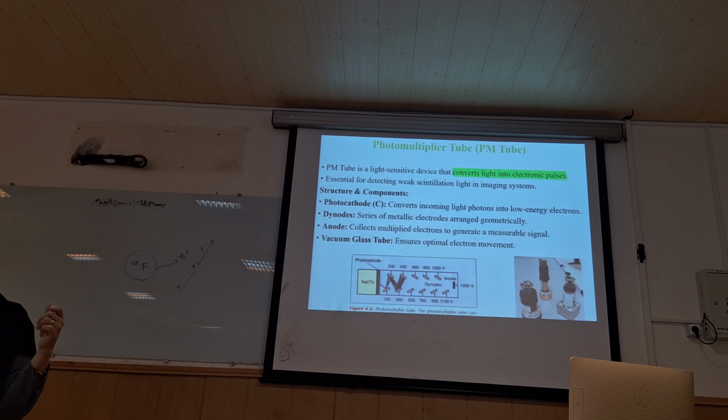We amplify with more voltage by the dynodes. Then we collect them by the anode. After the anode, you have the electrical signal. This is the process of amplifying the signal by the PM tube. This is a photomultiplier tube.